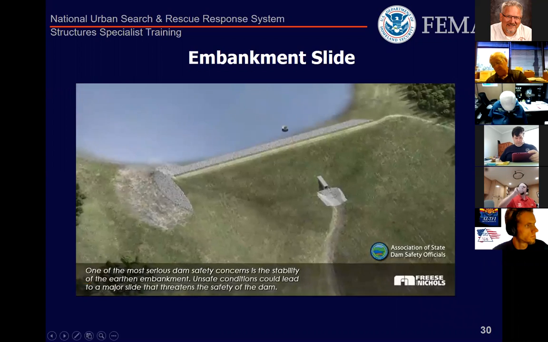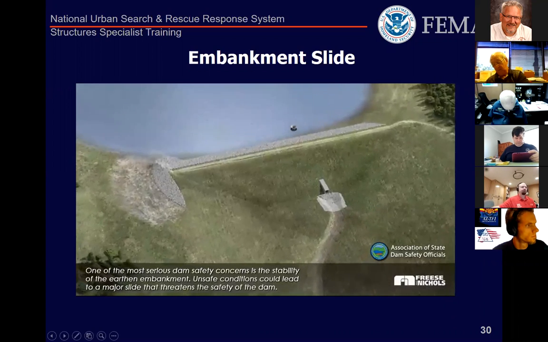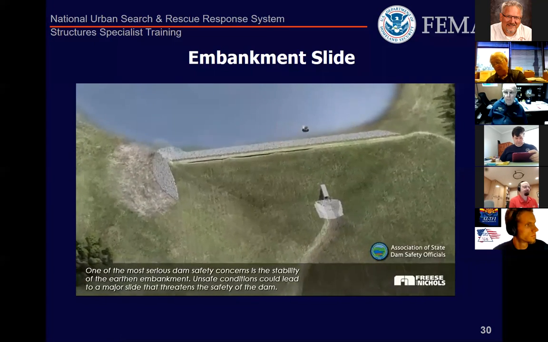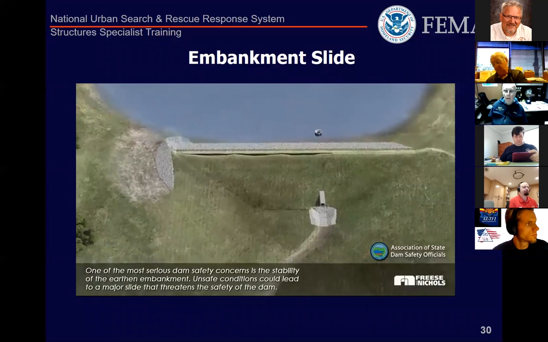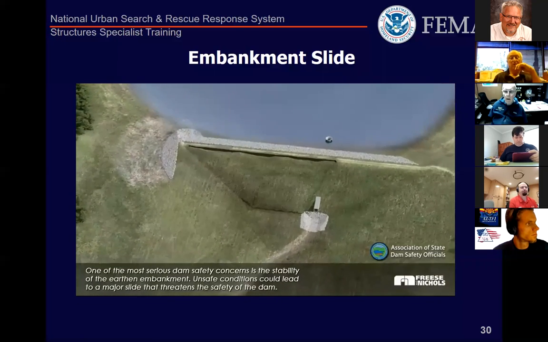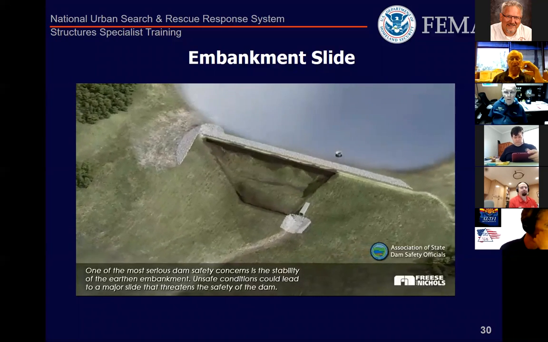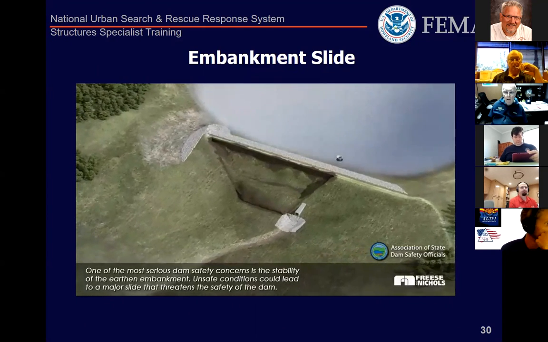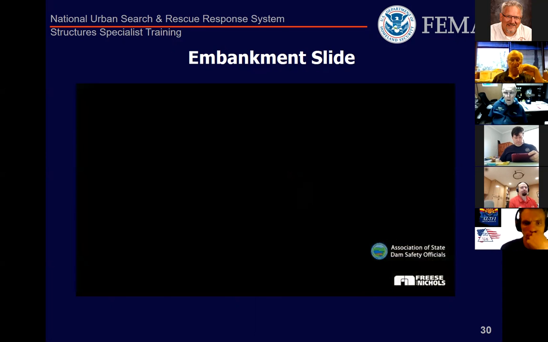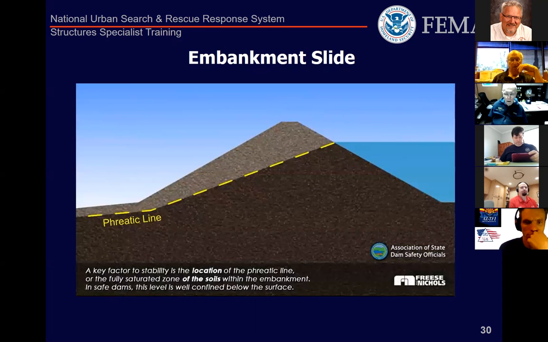One of the most serious dam safety concerns is the stability of the earthen embankment. Unsafe conditions could lead to a major slide that threatens the safety of the dam. A key factor to stability is the location of the phreatic line, or the fully saturated zone of the soils within the embankment.